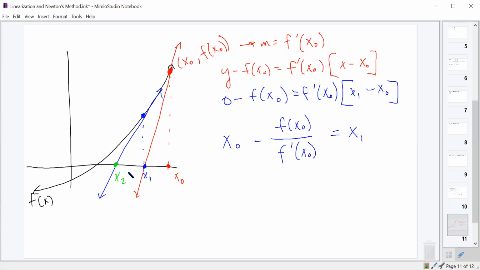Is that a better approximation for the x-intercept of my function than x naught was, and better than x1 was also? Yes. And couldn't I just do that again? And wouldn't that give me a better approximation?